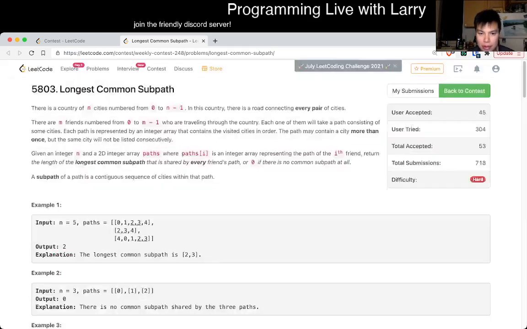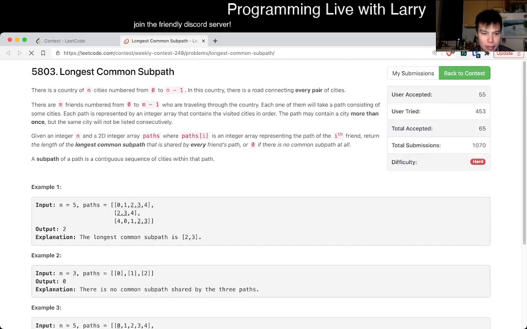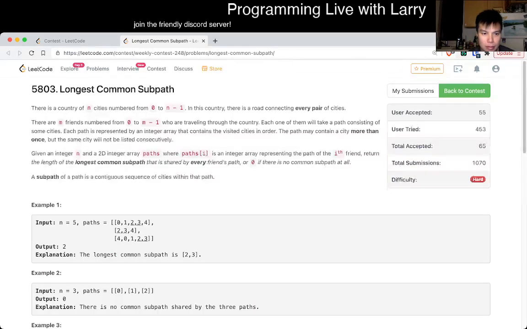I don't really have a suffix tree implementation though. Maybe this is just a bad streak for me.